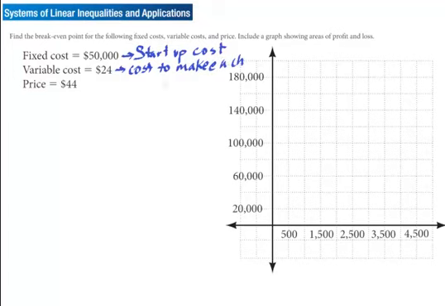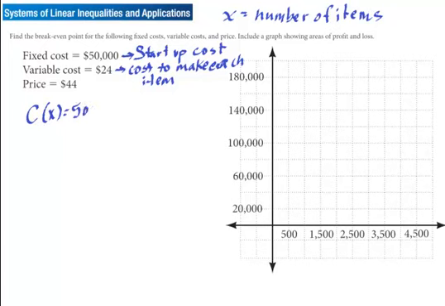If x is your number of items, then your cost equation is going to look like C of x equals 50,000 plus 24x. That's what it'll cost you to make each item.